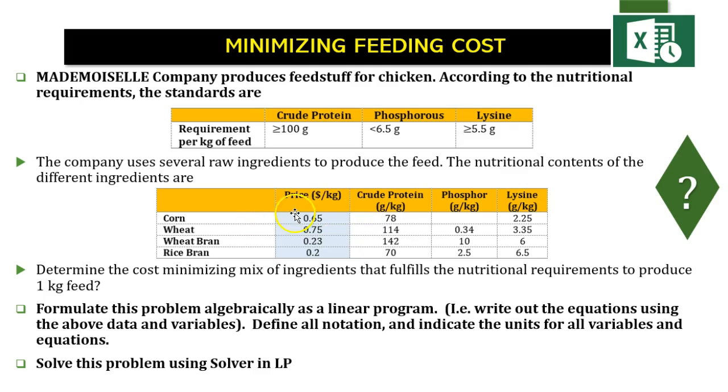The nutritional content of each ingredient is presented in this table. We want to determine what is the minimum cost of the mix given these 4 ingredients. We will formulate this problem as a linear programming problem, and then we will solve it by using our add-in tool Solver.